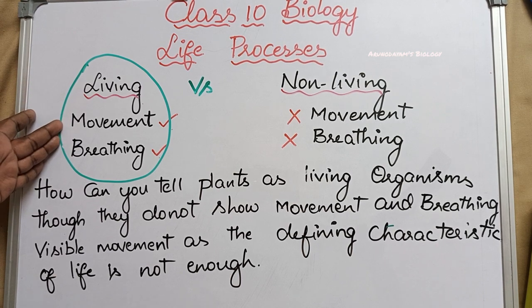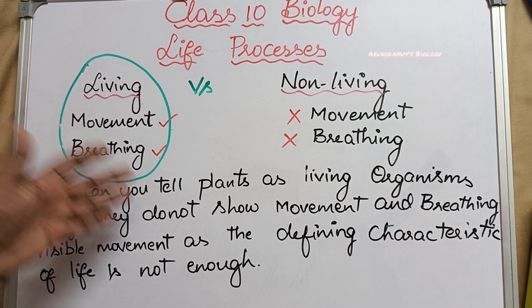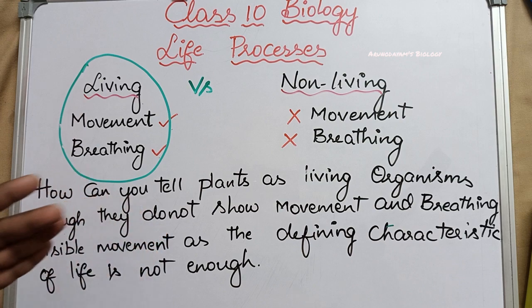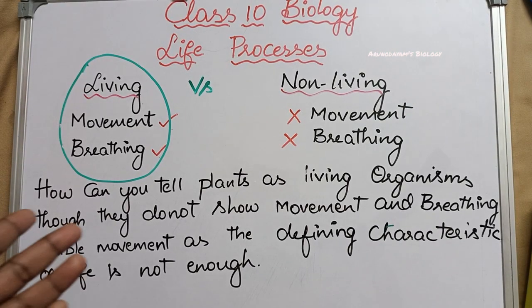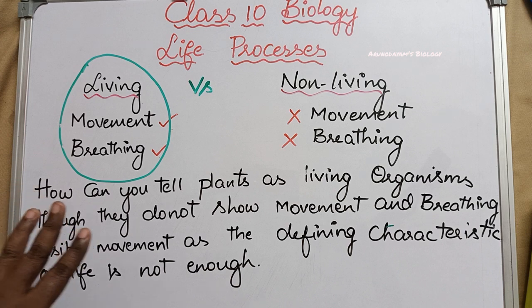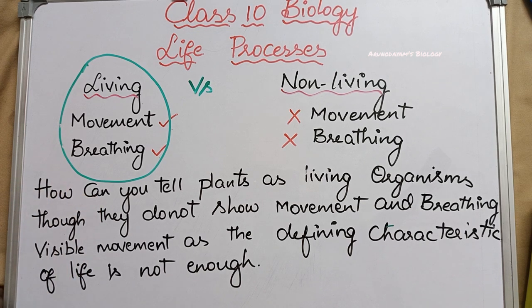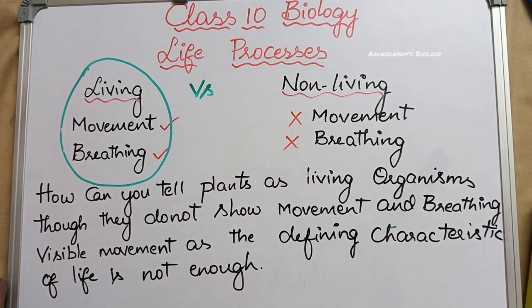Because there are some organisms which do not show movement and breathing apparently to our naked eye. So molecular movement is present in our body. It is very necessary for us. We have also learnt in previous classes about molecular movements, and about repairing and maintaining the body structures, that is life processes. So we are going to learn about life processes in detail in our next chapters.